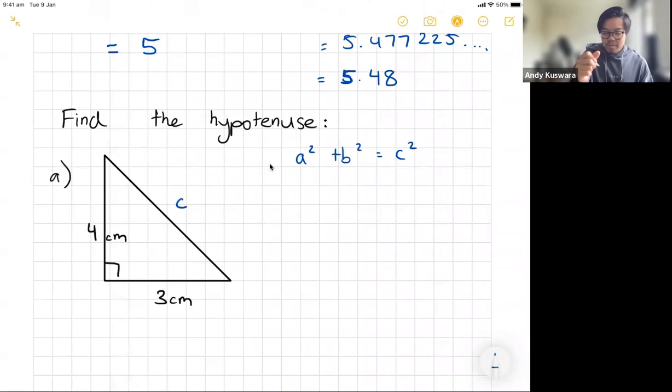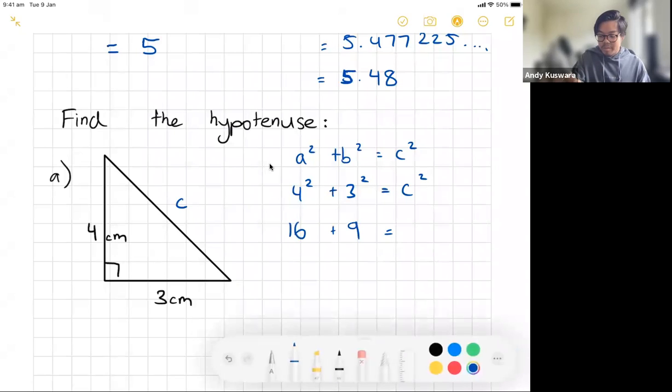All right. So a squared plus b squared is going to be 4 squared plus 3 squared, our 2 shorter sides, and it's going to equal c squared. Now, let's evaluate these. 4 squared means 4 times 4, and that is 16, plus 3 squared, which is 3 times 3, which is 9.